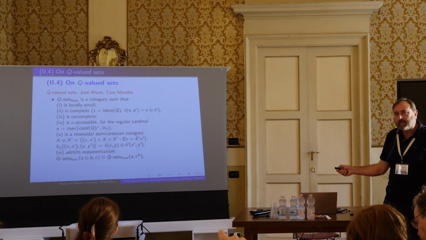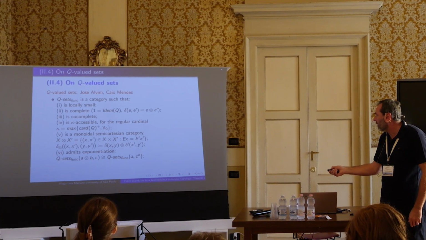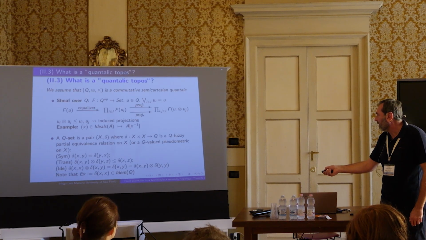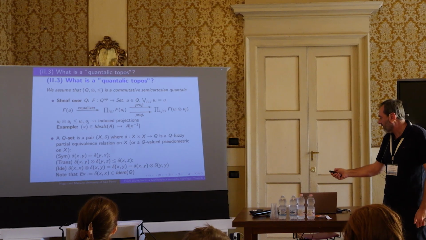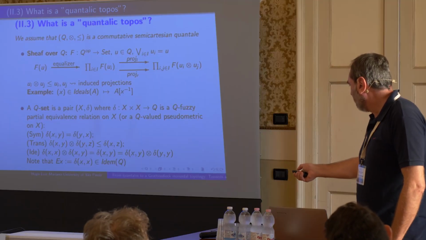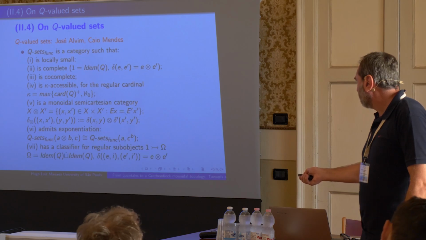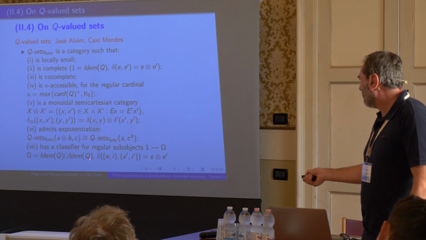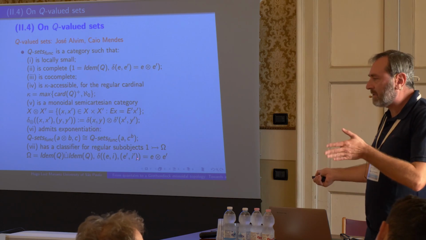So what does the E mean in this equation? E X equals E? Where? Extended this thing, yeah. Delta XX is idempotent because of this law. And okay, it has a classifier for regular subobjects, more or less trivial.